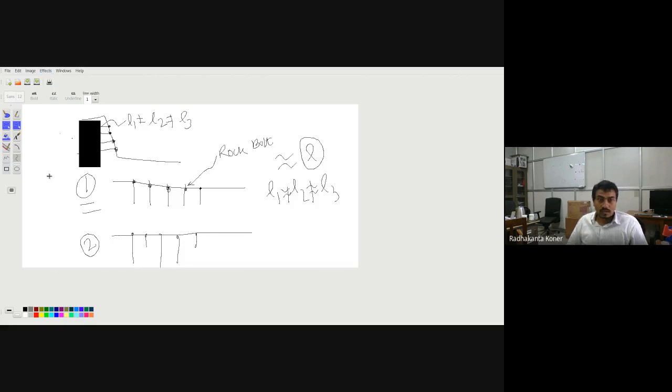Actually, what will happen is that if all lengths are equal, along this line a new crack will develop. That is why we always follow that all the bolt lengths should not be equal.